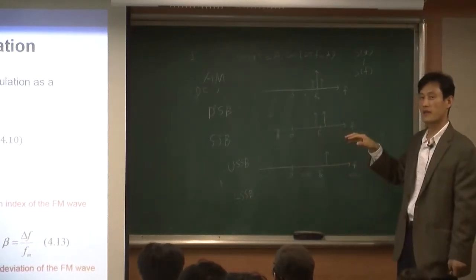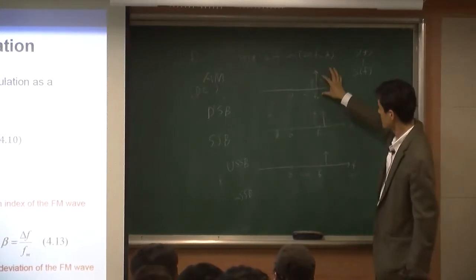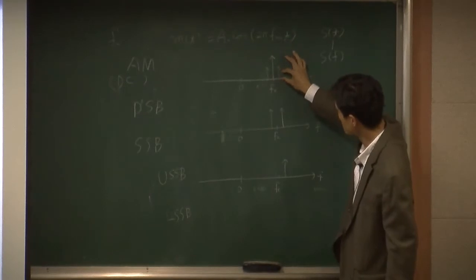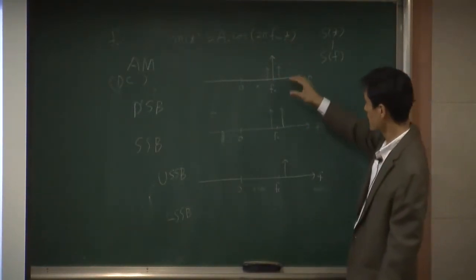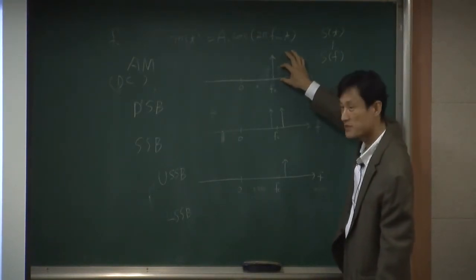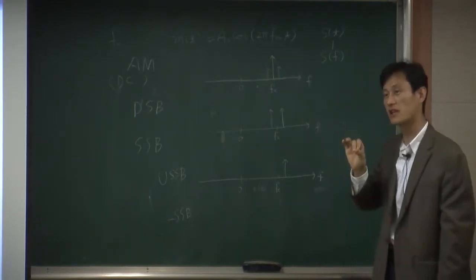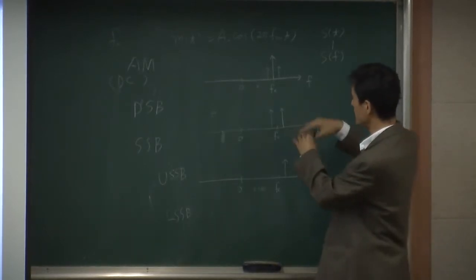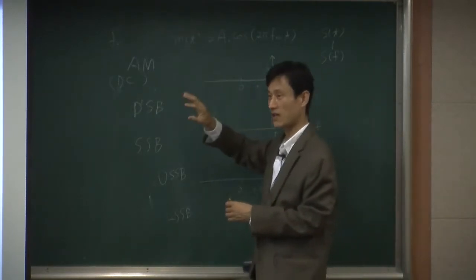When you change the modulation index, sometimes you want a very big carrier and small energy in the sidebands. Or if you change the modulation index value, sometimes the carrier energy is smaller and the sideband energy becomes bigger. Do you remember that? So that was the modulation index at that time.